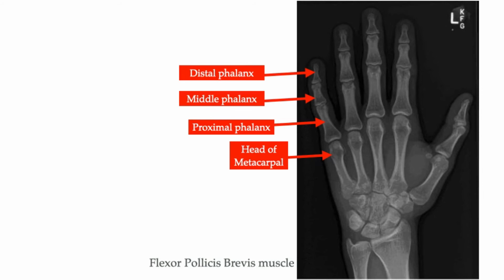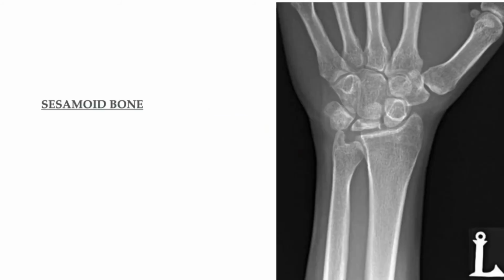Now in this skiagram you can also see a sesamoid bone other than pisiform. This is a sesamoid bone which is present in the tendon of flexor pollicis brevis. This is often seen and hence you need to remember this. So at this point of time, let us quickly revise the characteristic feature of a sesamoid bone.